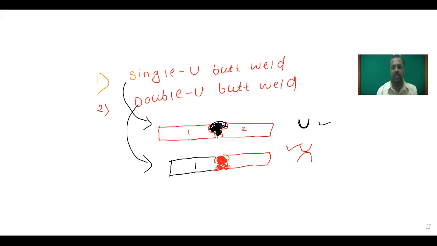So I will take a review of whatever we have studied here. I will first write down the name of the weld and you have to tell me their symbol. So this is the form of weld and you have to tell me their symbol.